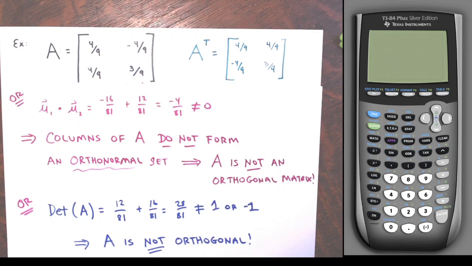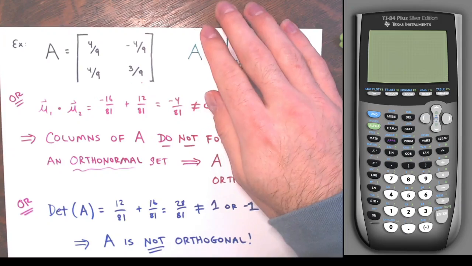If the determinant of the matrix is not 1 or -1, it's not an orthogonal matrix. If the product of a matrix and its transpose is not the identity matrix, then it's not an orthogonal matrix, right? So lots of ways to show that it's not an orthogonal matrix.